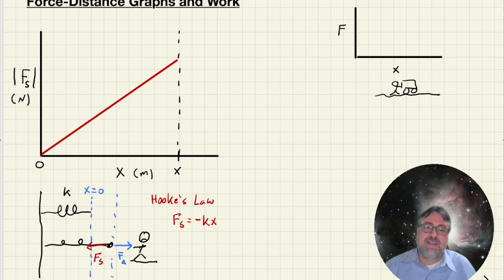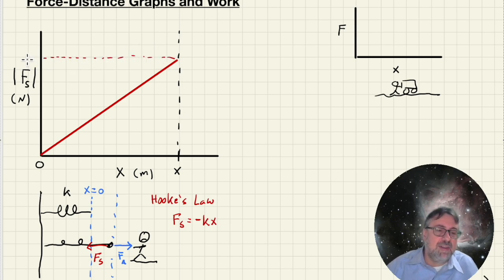Notice that I'm going to be stretching my spring until I get to whatever the maximum force is here. This would have a value of K times X, where I'm taking the absolute value so I can just see the size of the spring force.